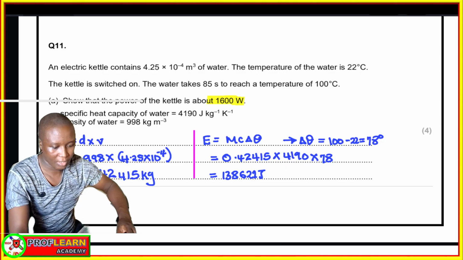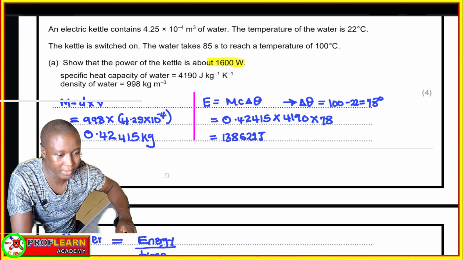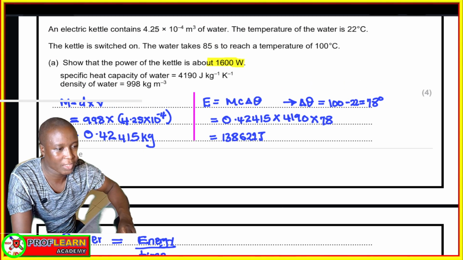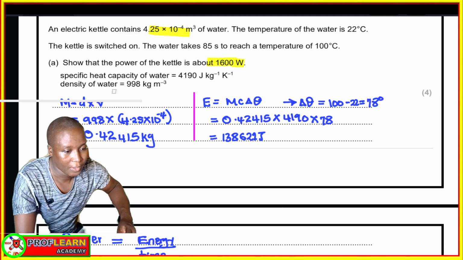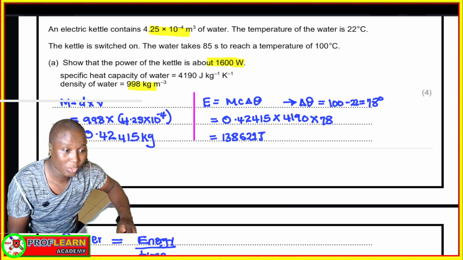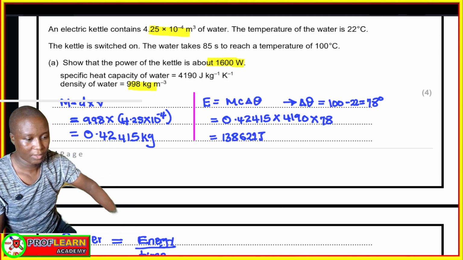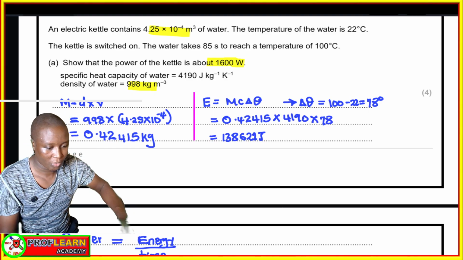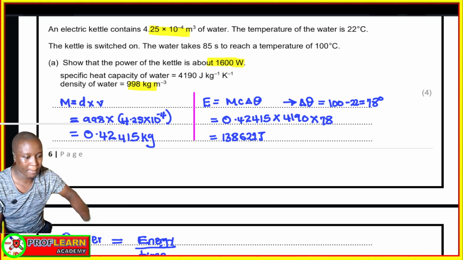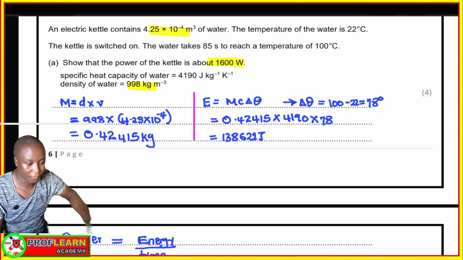I think what you need to remember is that mass is equal to density times volume, so that you can use the volume that was provided and the density that was given here to get the mass of water. Now, once you have the mass of water, you can work out the amount of thermal energy involved in this case.